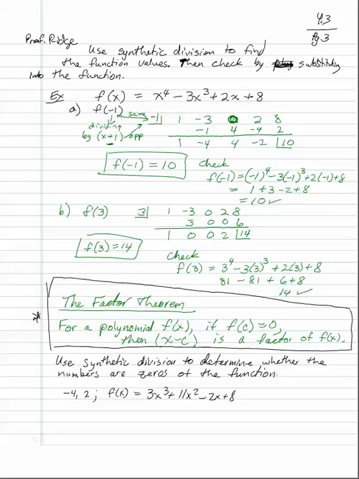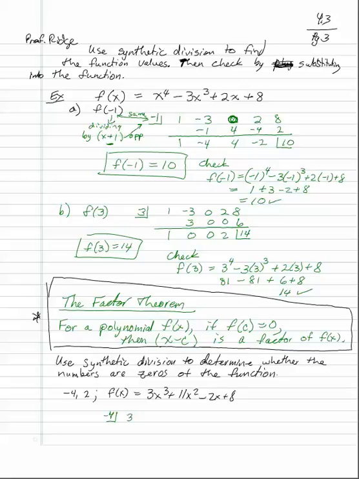So remember, the function value is equal to the remainder. So if I want to find f of negative 4, that's going to be equal to the remainder. So if the remainder is 0, then it's a 0 of the function. And then by the factor theorem, x minus c, whatever c is, will be a factor of the polynomial.